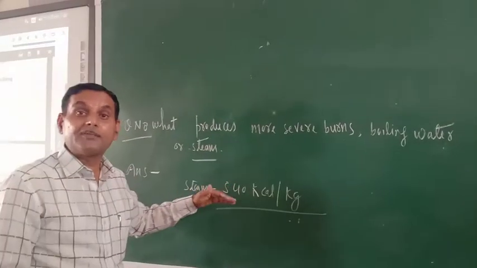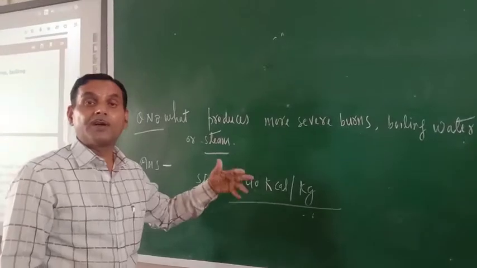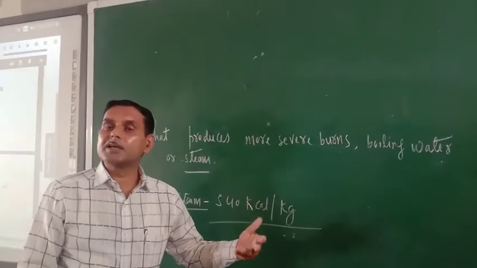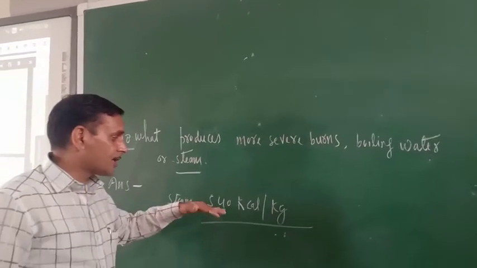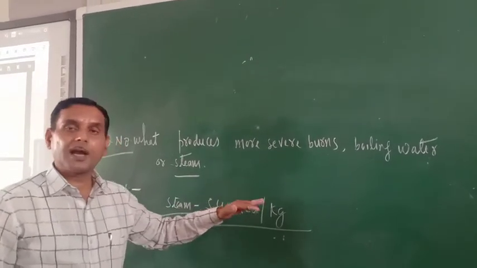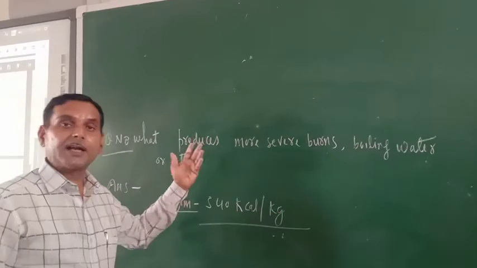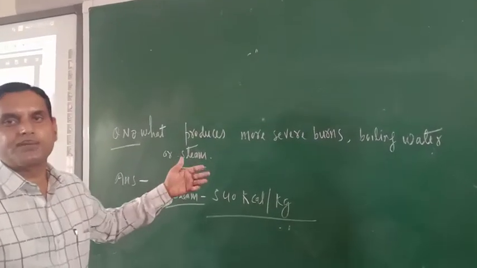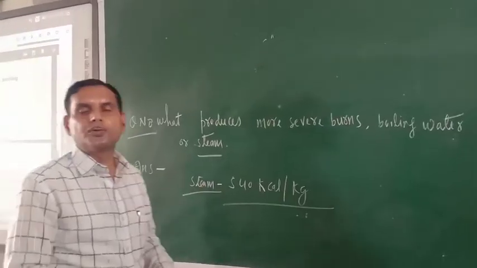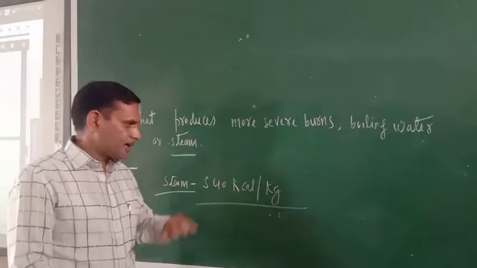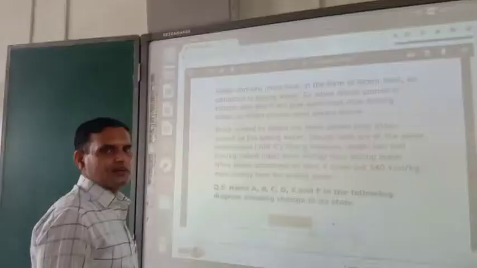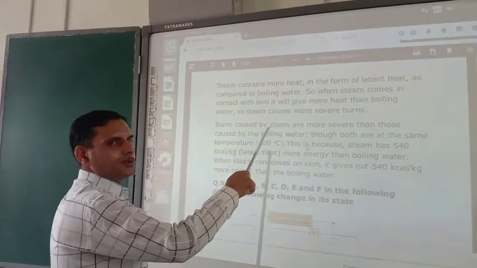That is why it is more energetic, and whenever it falls on any object, it will emit energy equal to 540 kilocalorie per kg more than water. That is why it will produce a more severe burn. I will show you the answers also, but for understanding you can understand in this way also. So the answer of the 8th question is given here.